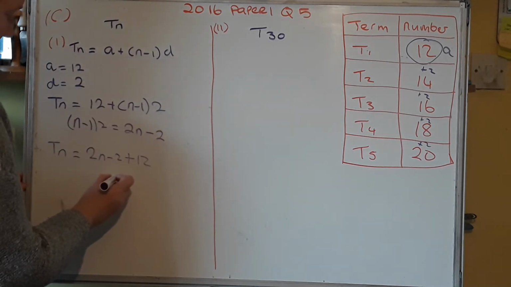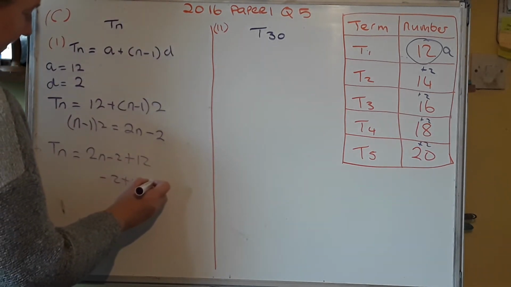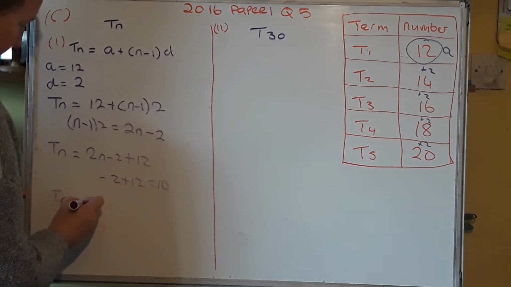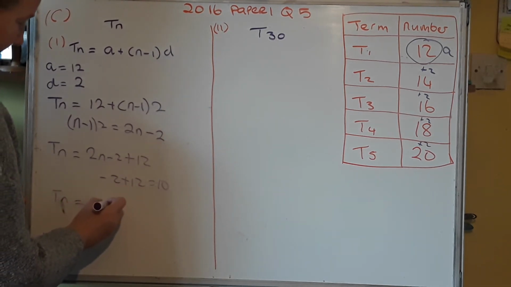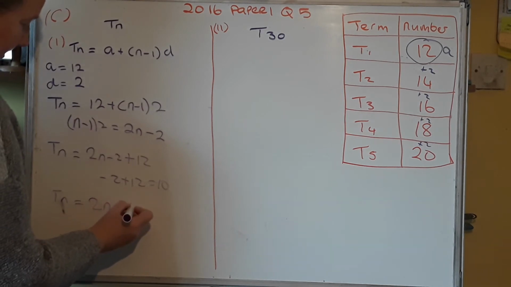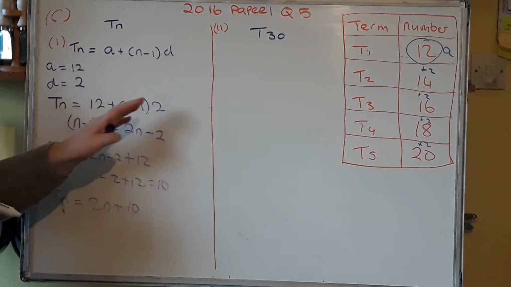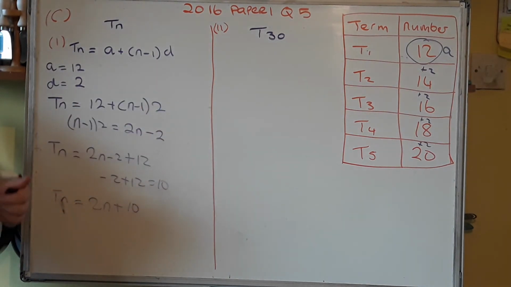So minus 2 plus 12 gives you 10. So your Tn is equal to 2n plus 10. Okay, so that's that part. If you want to have a pause and do the second part, and then come back to me.